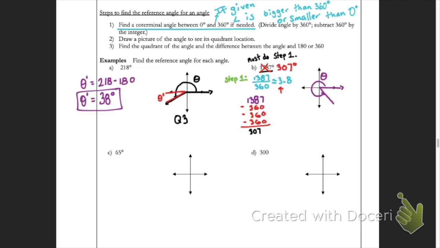So that tells me it is that purple area to the right that's not filled in. Now it's in blue. So finding theta prime, I'm going to take 360 and subtract from it my given angle, 307. So I can see it's a full circle, and I should just subtract out the reference angle portion. When I do that, I'm going to get 53 degrees.